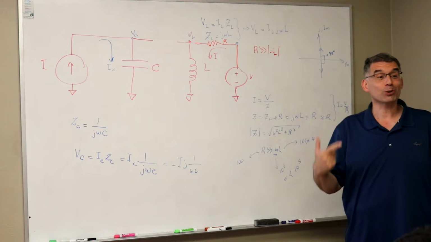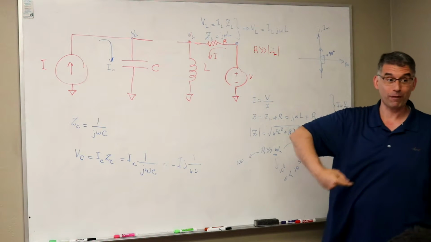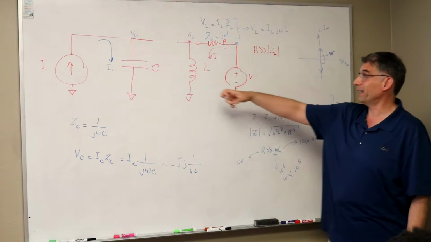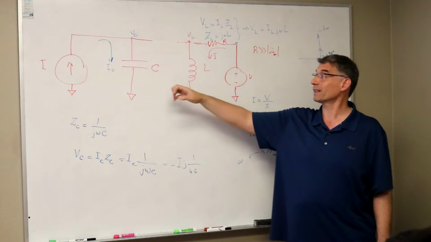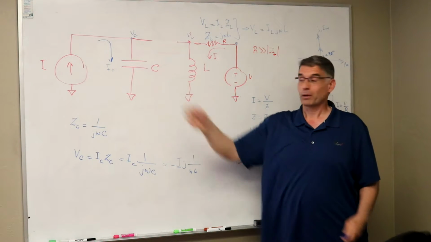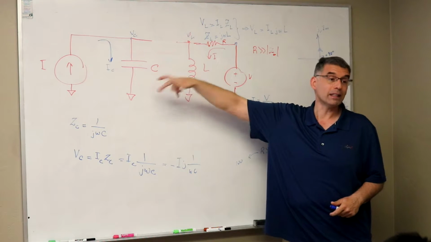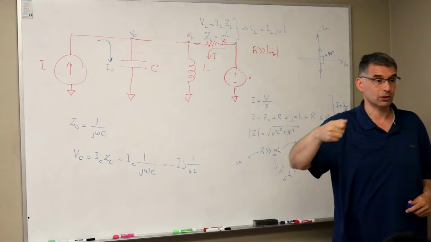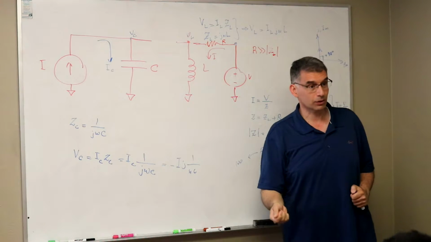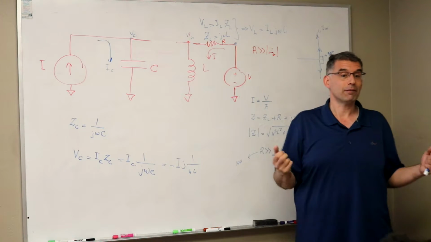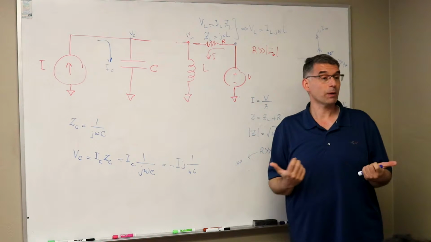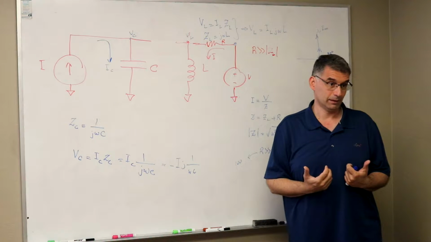We were actually trying to determine the value of a reactive component. In the case of the capacitor, we wanted to find out what that C is. If I give you an unknown capacitor or an unknown inductor, and I ask you what the value is, that's one way of doing it.